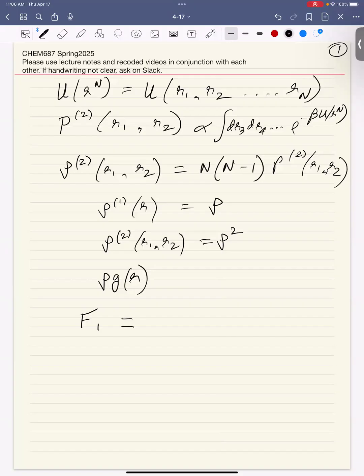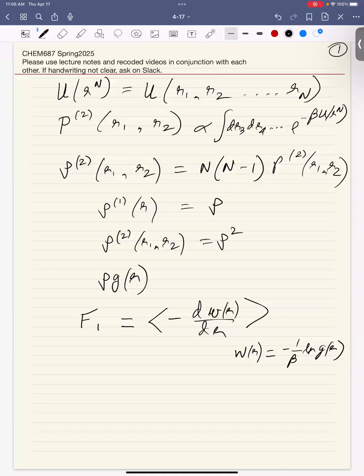So the potential of mean force is the average value of minus dw of R by dr, where w of R was minus 1 over beta ln g of R, right? These are the concepts and the things that we derived in the last couple of lectures.